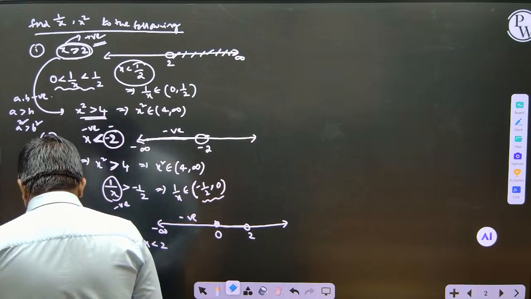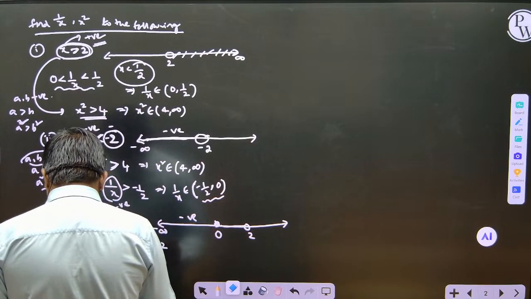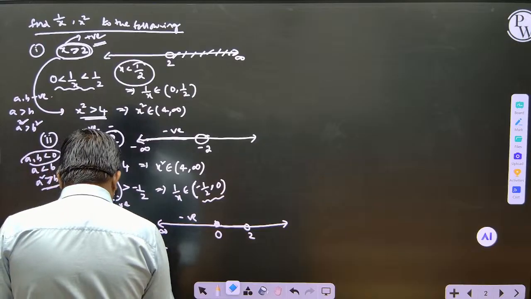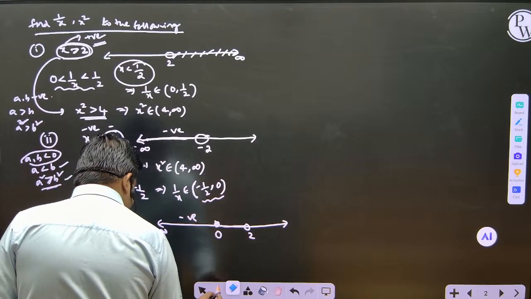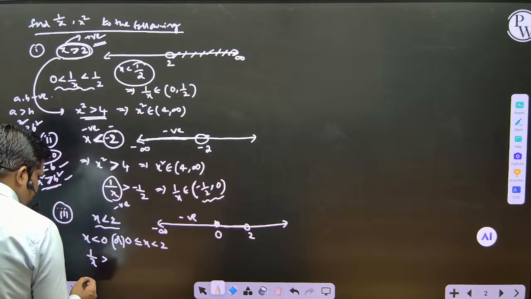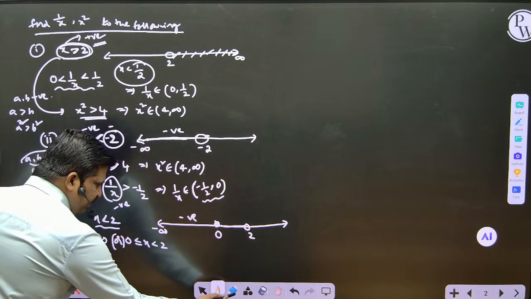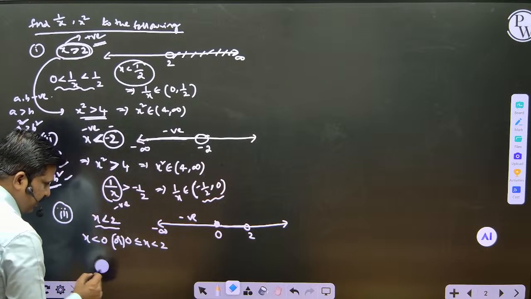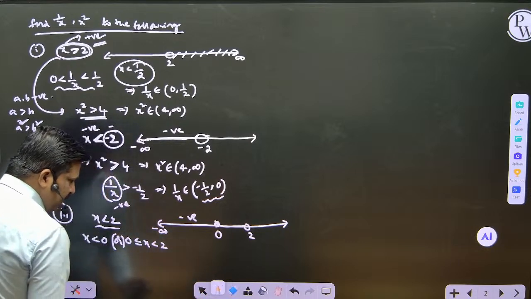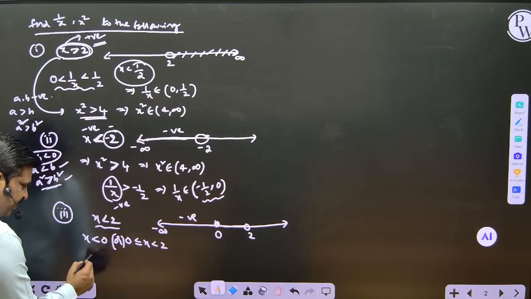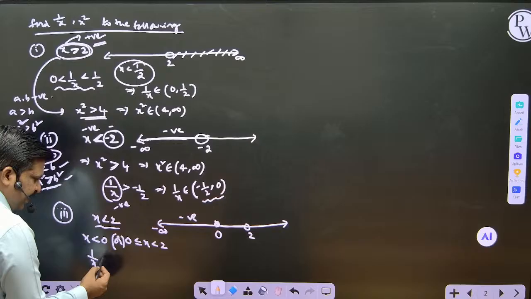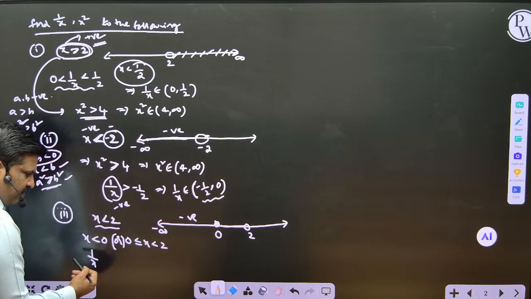But we consider these possibilities here. Just one thing you remember here: x is less than 0. 1 by x, actually greater than 0, we should get it.